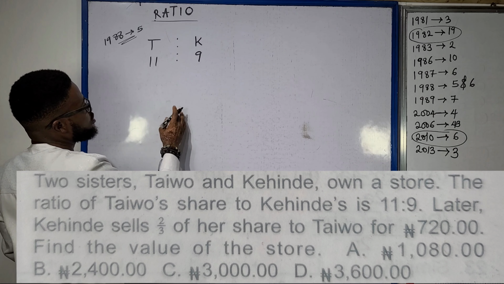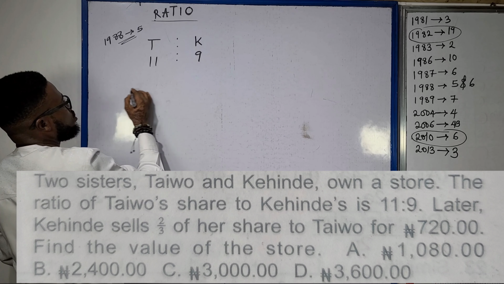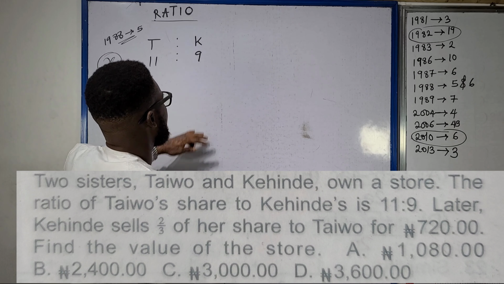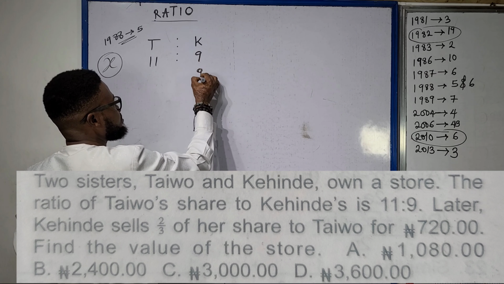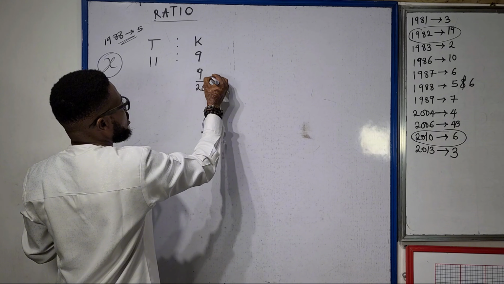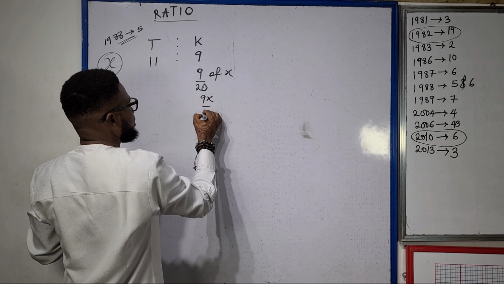So the best approach here is to let the value of the store be x, so that in this instance, Kehinde has 9 out of 20. Total ratio is 20 of x. So that is 9x over 20.